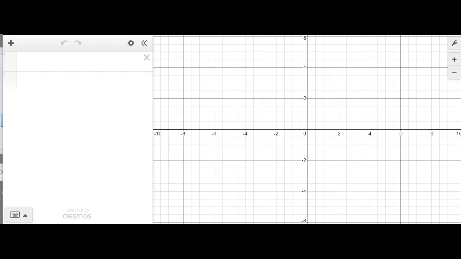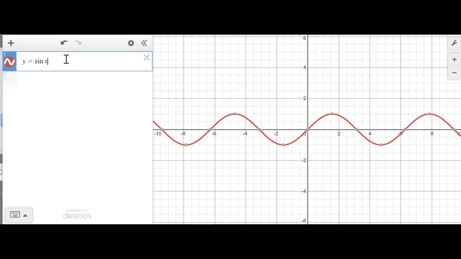Okay, so I'm in Desmos and I'm just going to start by graphing the real simple y equals sine of x. There's our basic sine function, and I'm going to put that out there to demonstrate the four parameters and what they do. When we're talking about amplitude, we're talking about the distance from the center line.